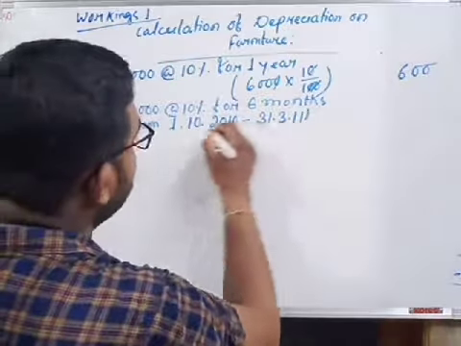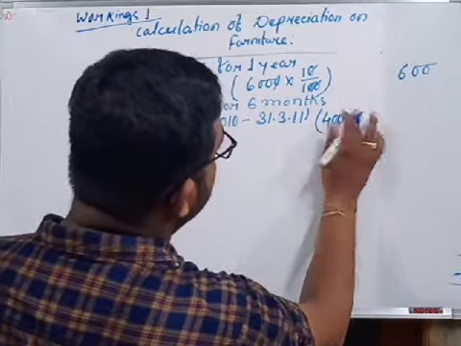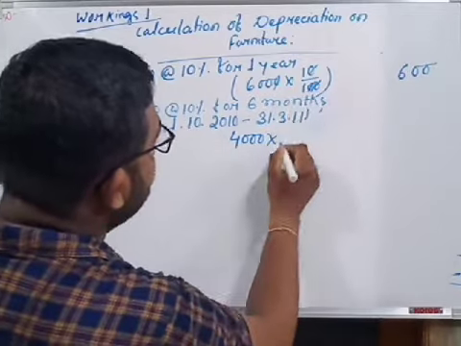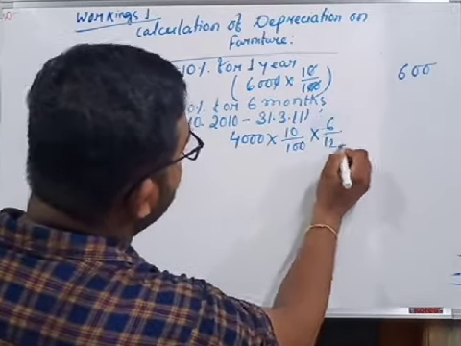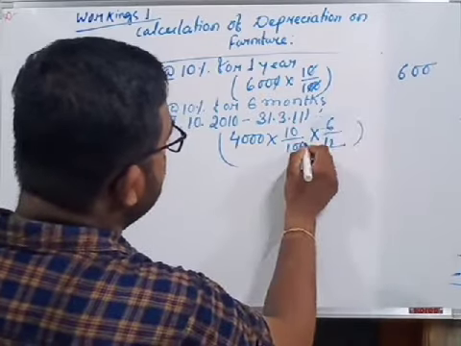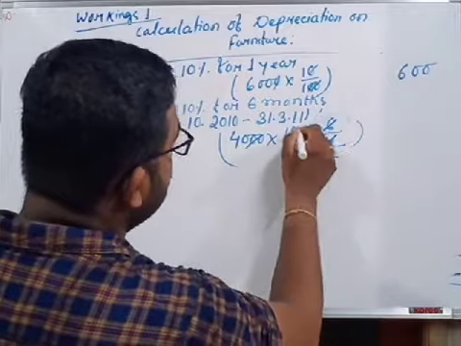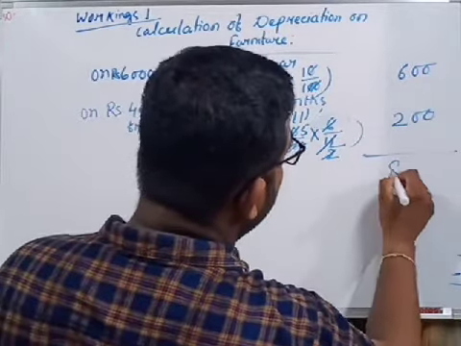That is 6 months. So write 4,000 into the rate of depreciation, 10 by 100, then 6 by 12. That gives 200, total 800.